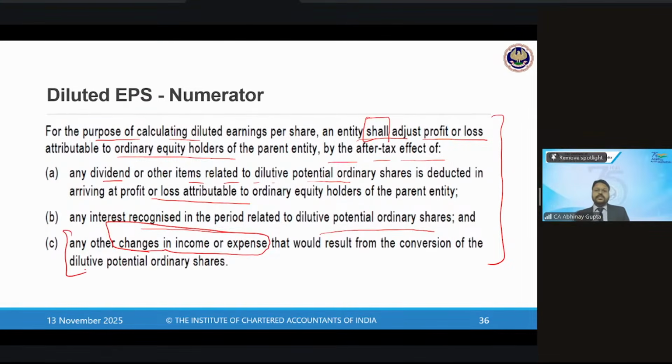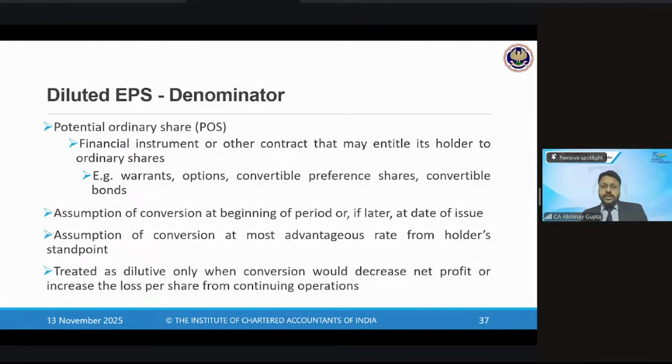Any other change in the income and expense that would result from the conversion of the dilutive potential ordinary shares. Because the dilutive potential ordinary shares are getting converted, if they are impacting any other item of income or expense in my P&L, then that impact also needs to be adjusted in the numerator, right? And in the denominator, we are computing potential ordinary shares.